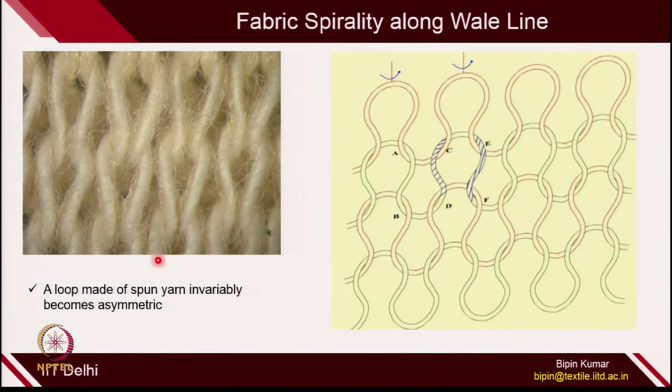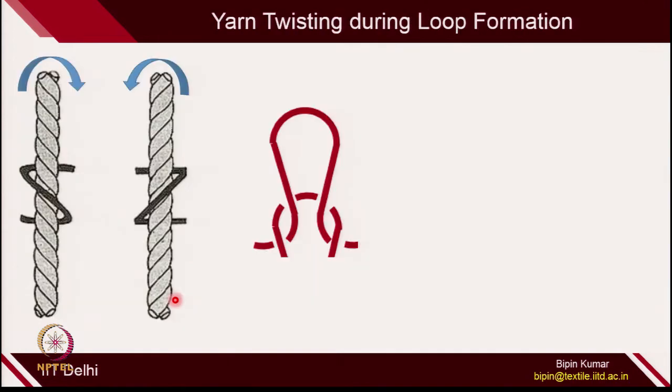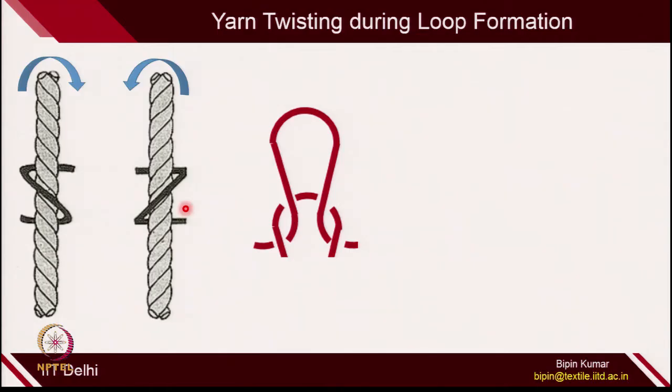This is mostly prominent in spun yarn, where you twist the yarn either S twist or Z twist. In spun yarn, which is made from fibers, the yarn is either S twisted or Z twisted. During the loop formation, what exactly happens is that you can see the direction of twisting of S twisted yarn.